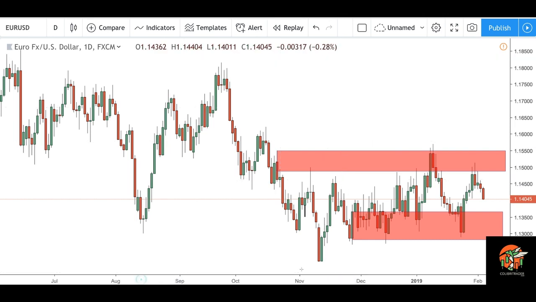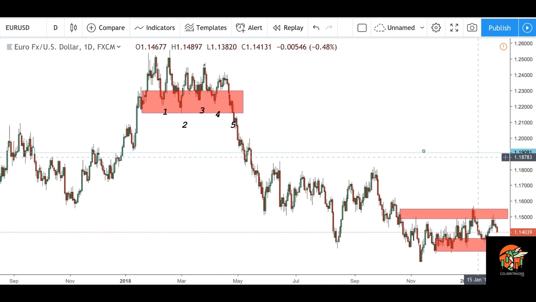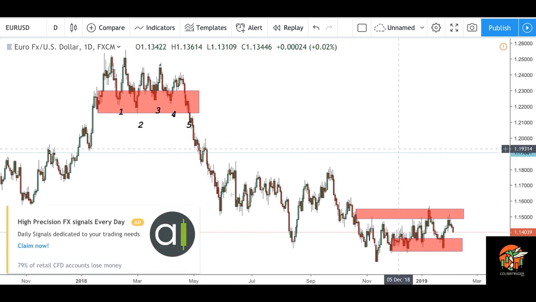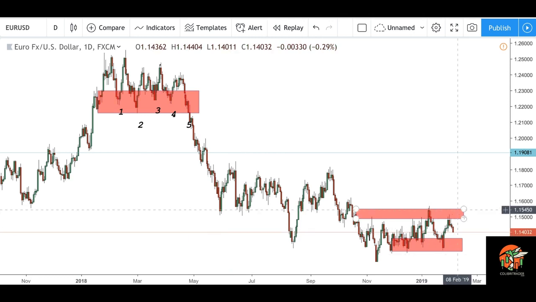That's why usually I don't recommend trading those tight ranges unless you're eager to buy at the bottom of the range and sell at the top of the range.